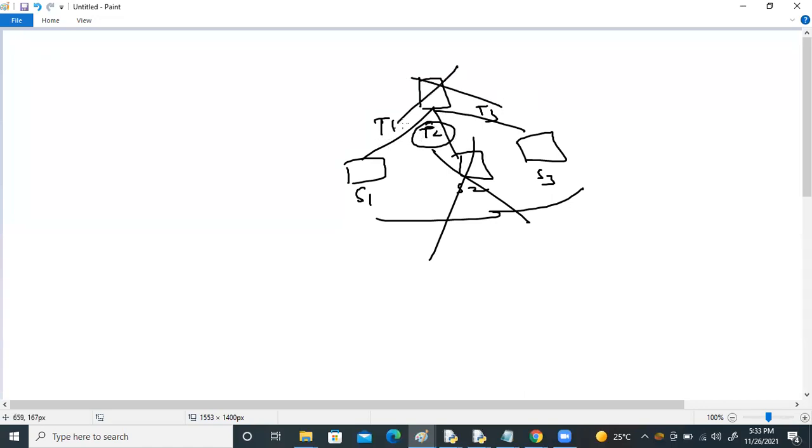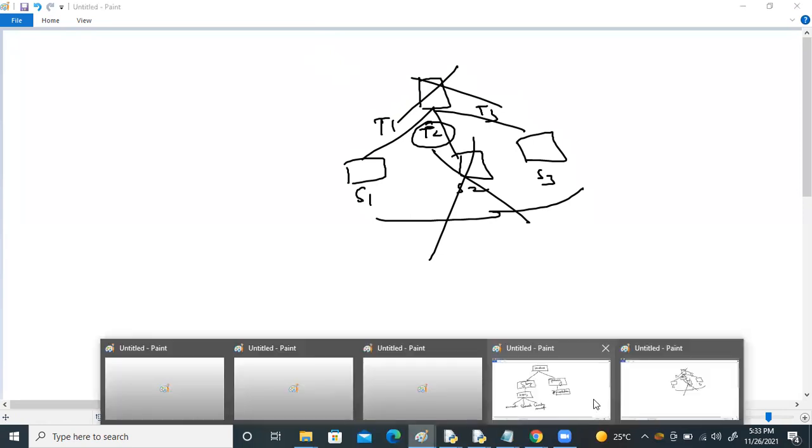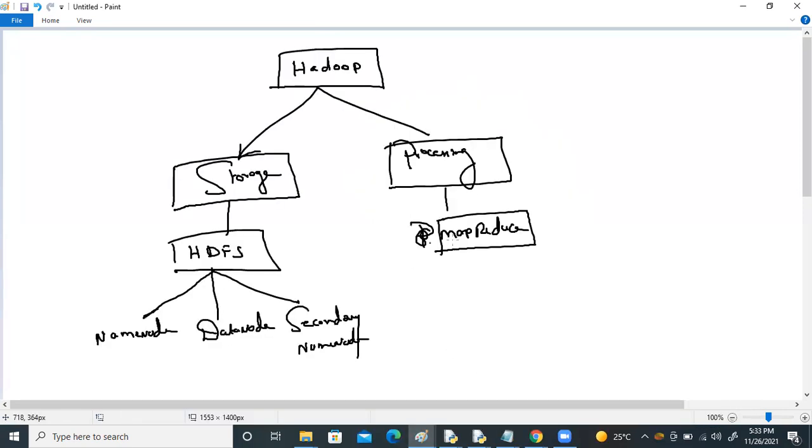But if the master goes down, that's why we have the secondary name node. And for MapReduce, for processing, we have the job tracker and task tracker.